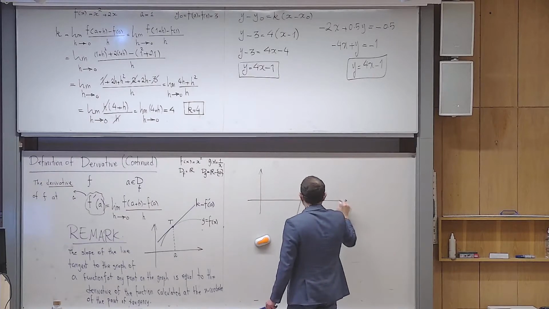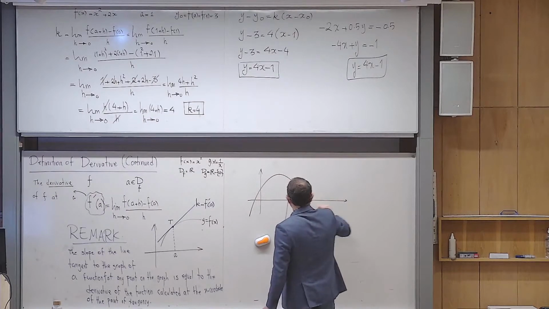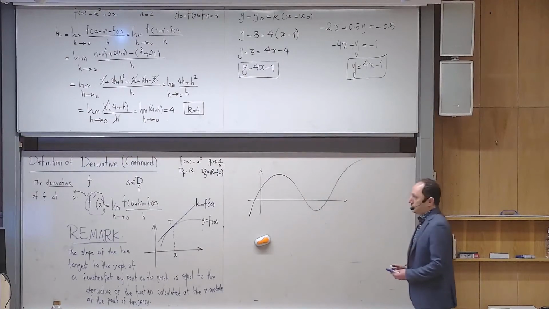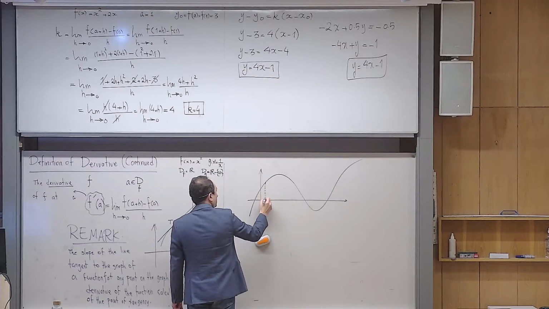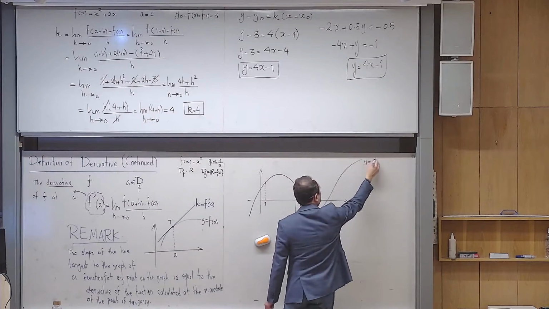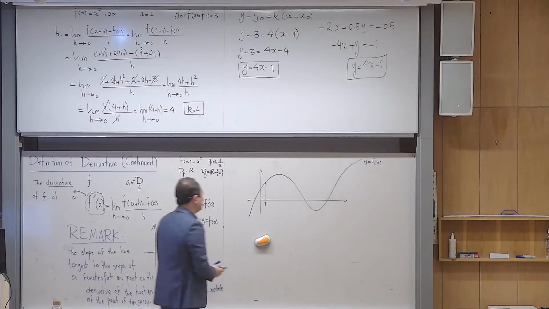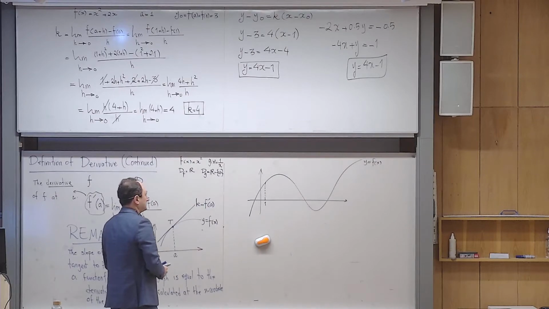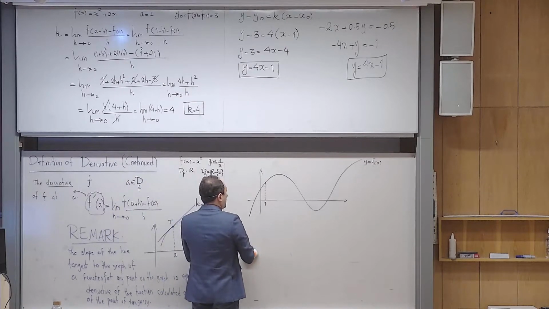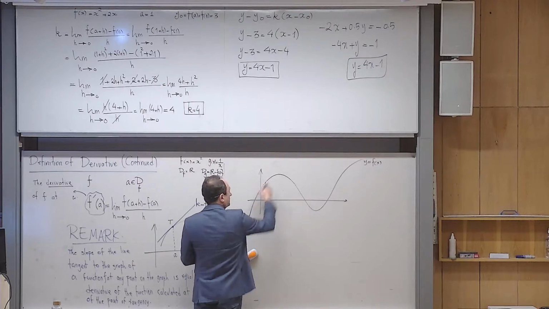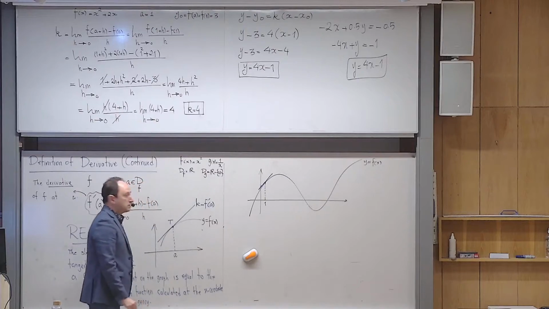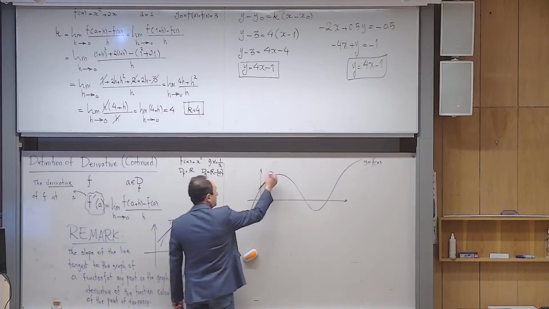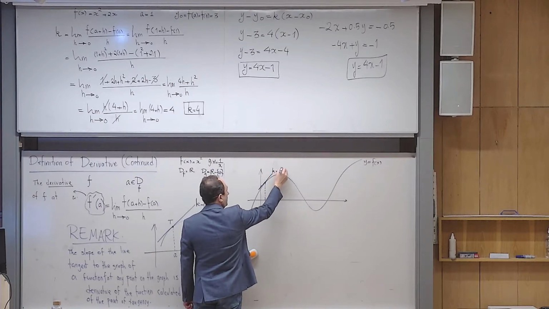I give you a graph like this, and I tell you that this point is 1. This is the graph of your function f of x. If I ask you, can you write something for the slope of this graph at this point? What is the slope of this? Yes? f prime of 1. So here the slope is f prime, but at 1.